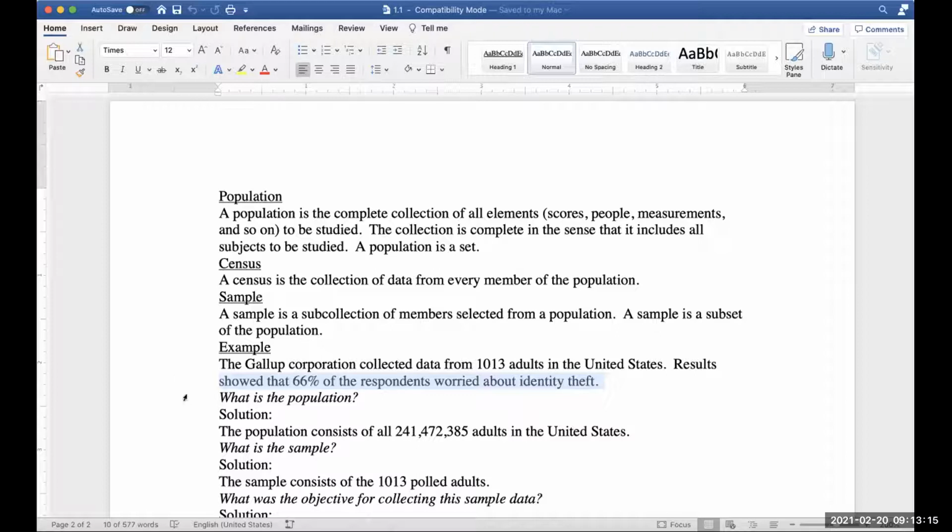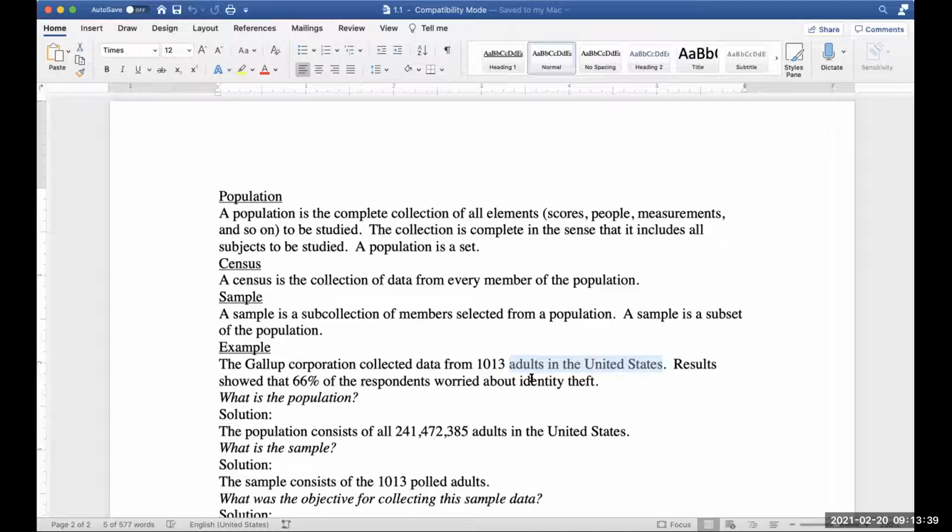So the question is, first off, what is the population? You look here, they collected data from some people. And who did they collect data from? Adults in the United States. Therefore, the population is adults in the United States.